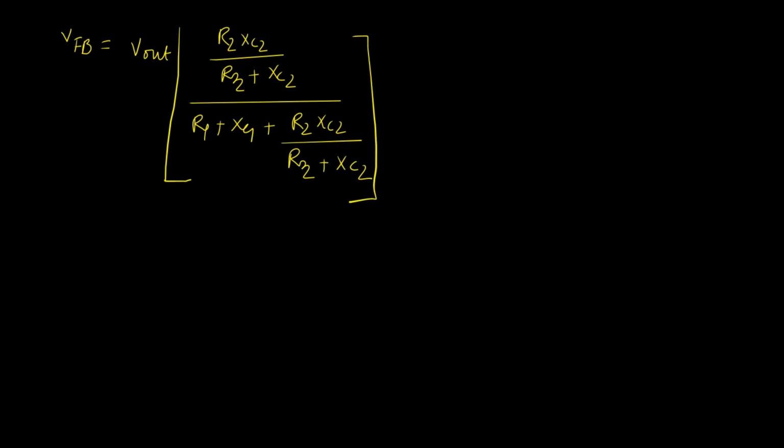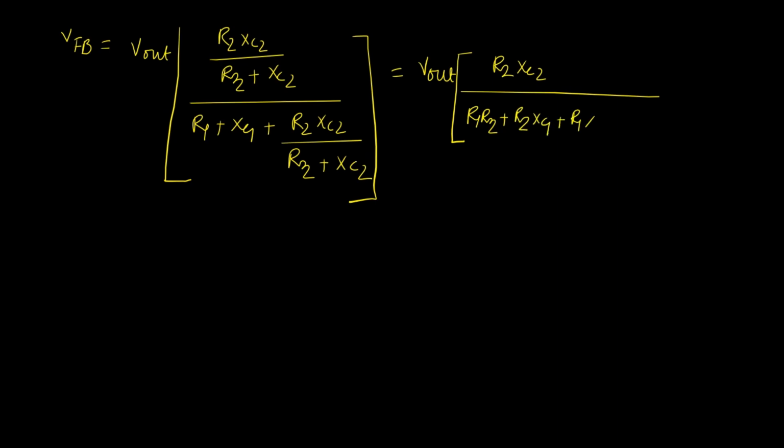Now just simplify this equation and we can get V out into R2 XC2 by R1 R2 plus R2 XC1 plus R1 XC2 plus R1 XC1 XC2 plus R2 XC2.